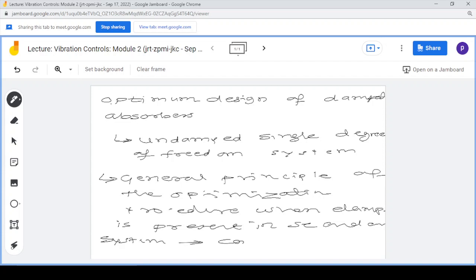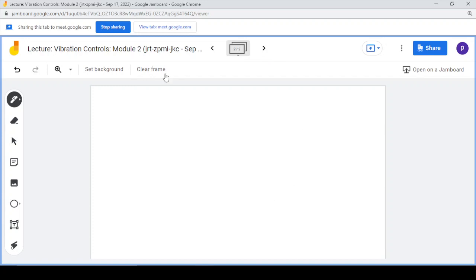That is represented by the complex stiffness, and then we can go for the results for the various types of damping. So we will obtain the results for various types of damping.